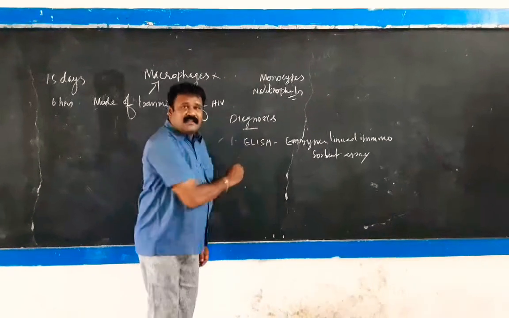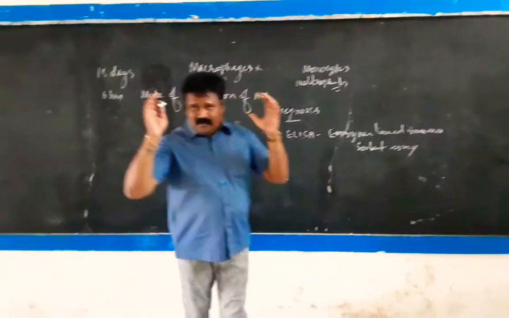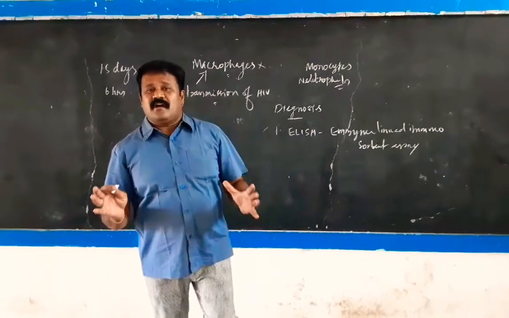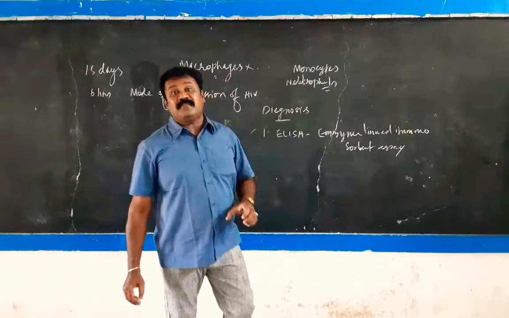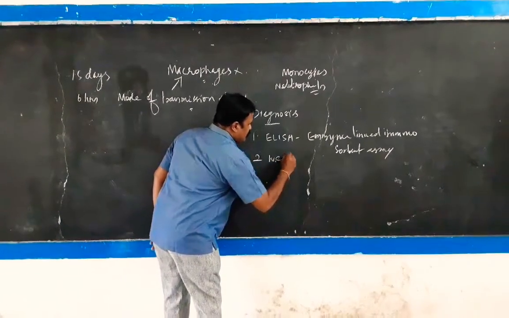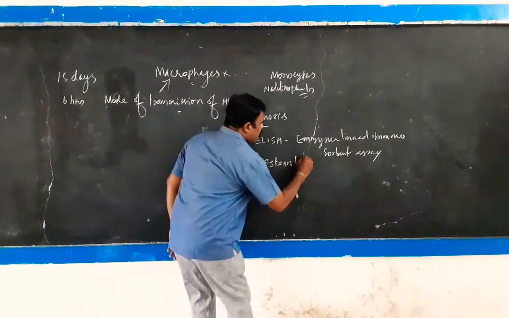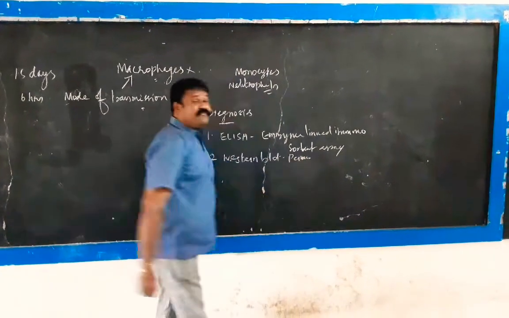This is said to be the preliminary test. Whether the blood contains HIV or not is found by the ELISA test. But for the confirmation of AIDS, there is another test called Western blot. Western blot is the permanent or confirmatory test.